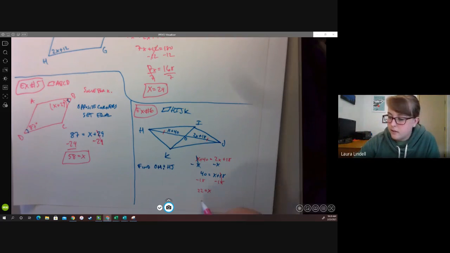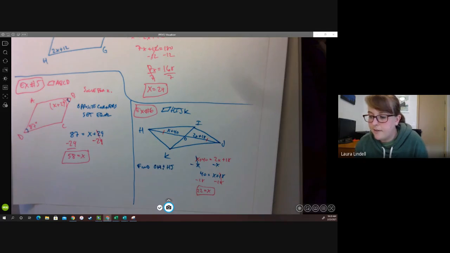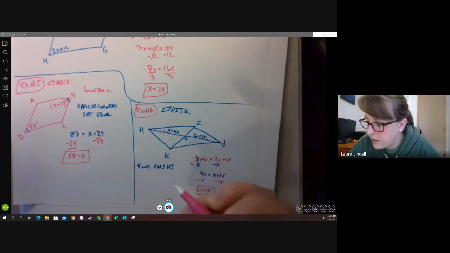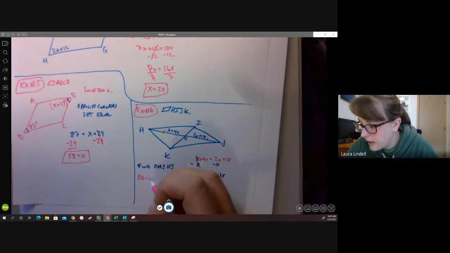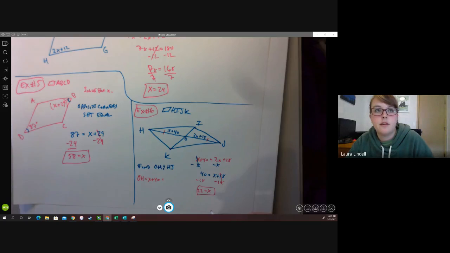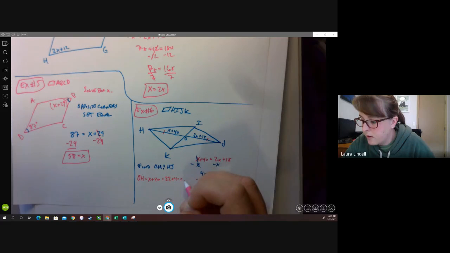We need to know what x is, but what we want is OH and HJ. So OH is just this half of the diagonal here. OH is x plus 40. So that's 22 plus 40, which is 62.